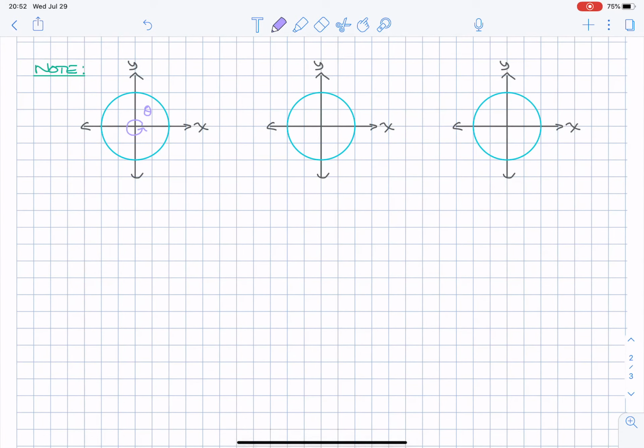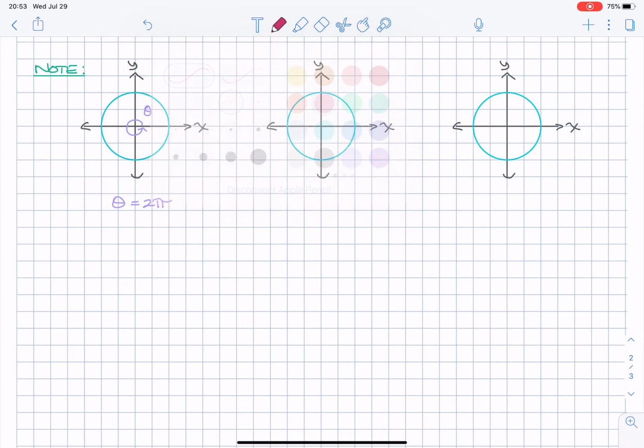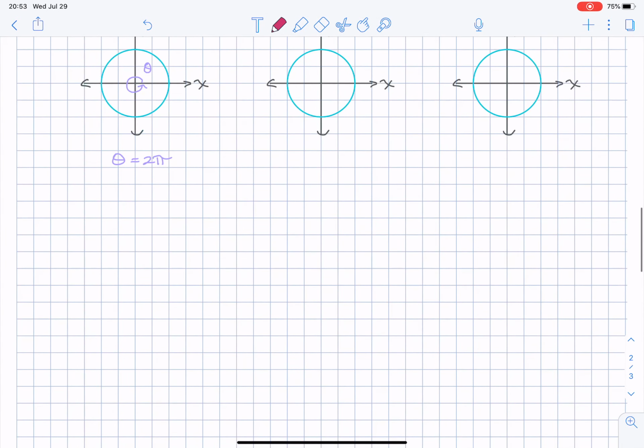So I know if theta is a full circle, and the area of a full circle was pi r squared. So area is pi r squared.